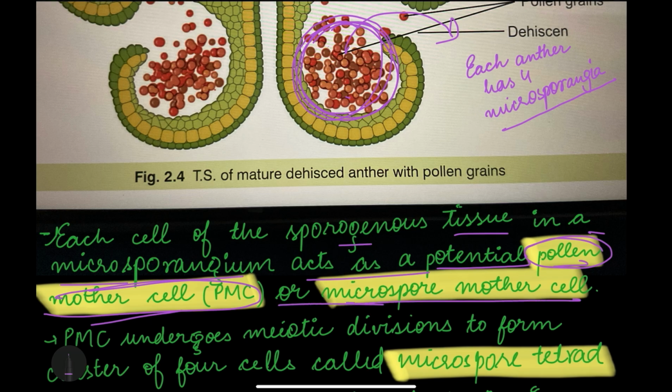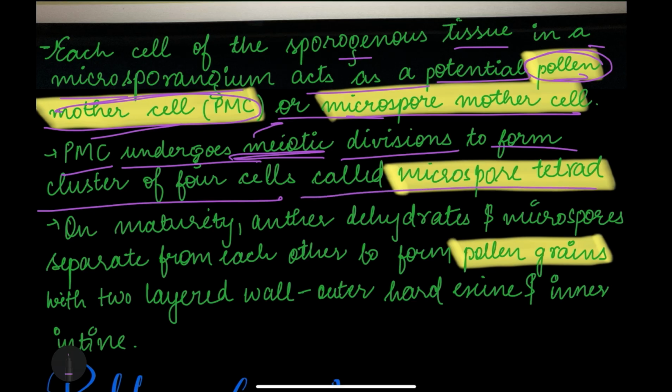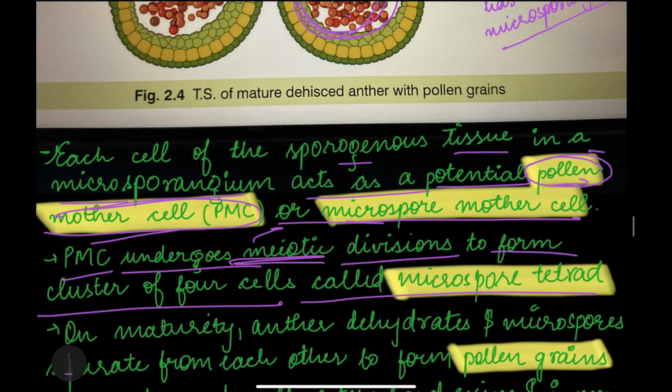The microspore mother cell, also called PMC, the pollen mother cell, undergoes meiotic division, the reductional division I told you about. It keeps on dividing to form a cluster of four cells called the microspore tetrad. First, a single cell divides into two.